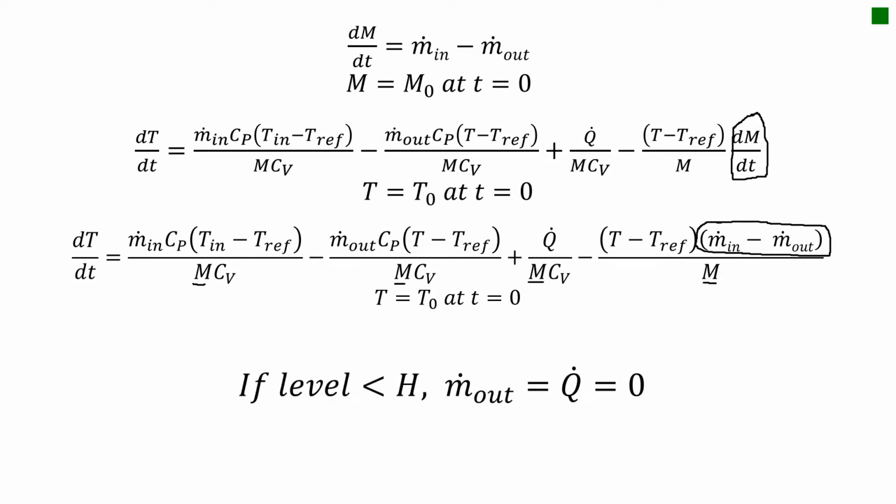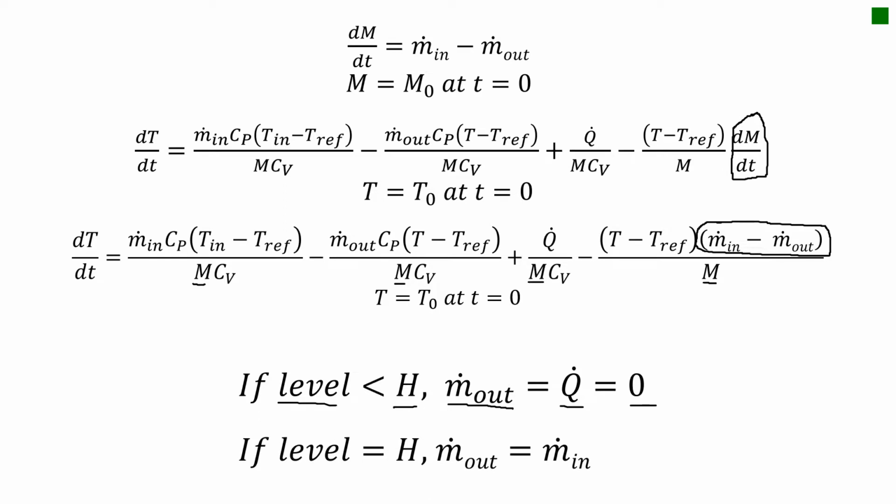And remember some of our conditions. If our level is less than the outlet height, then our outlet flow rate will be 0, and the same for the heat rate. If the level equals h, the mass flow rate out will equal the mass flow rate in, and the value of the heat rate, Q dot, will be equal to whatever we desire to put into our tank.